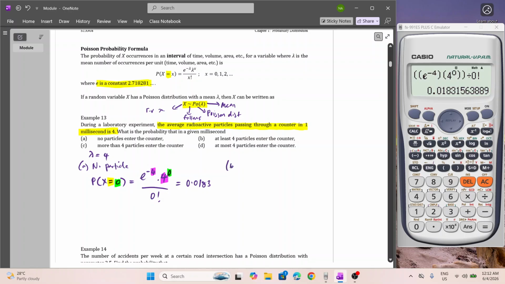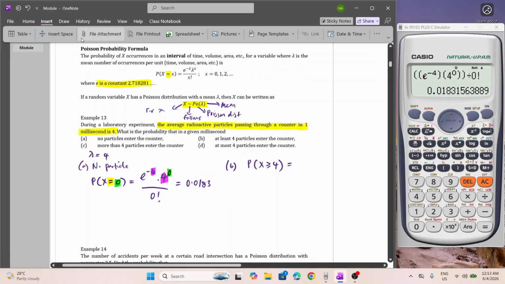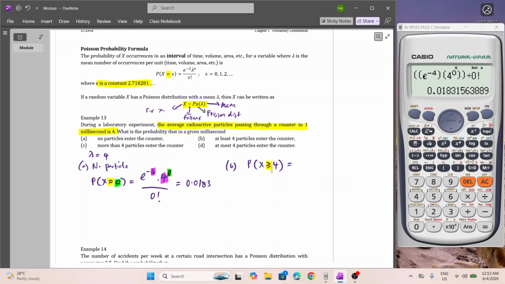Now let's try B. At least four particles enter the counter. So 4 here means the probability of x greater than or equal to 4. Remember I shared with you previously that we can also use the statistical table, especially when the sign is greater than or equal to.